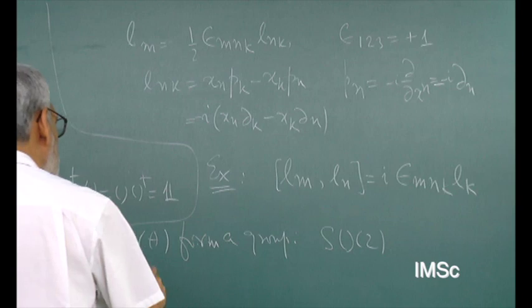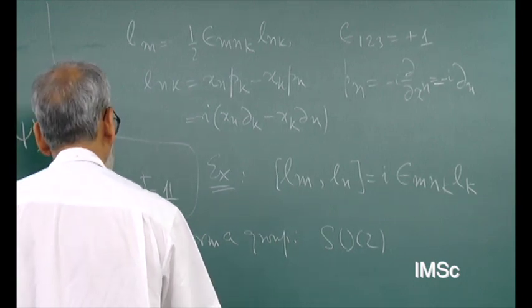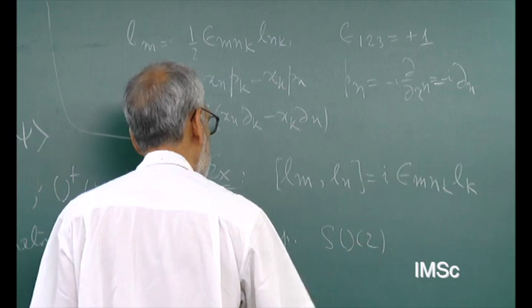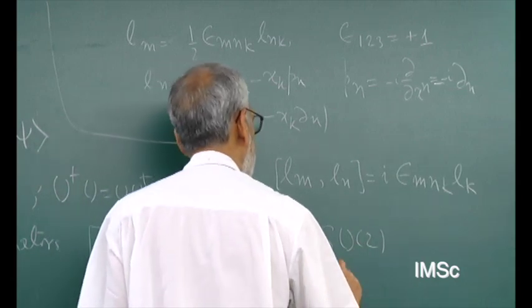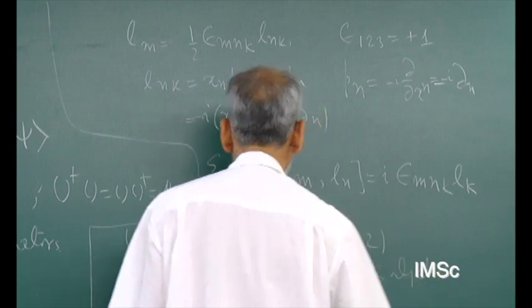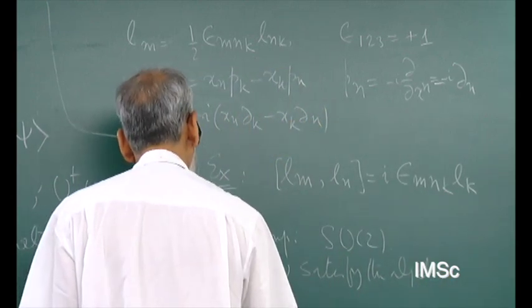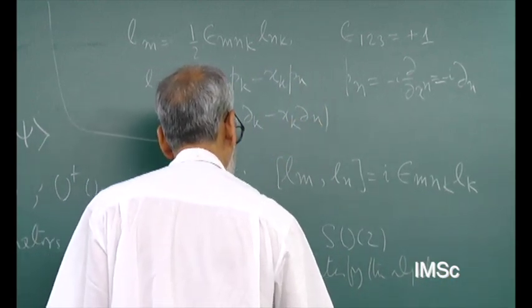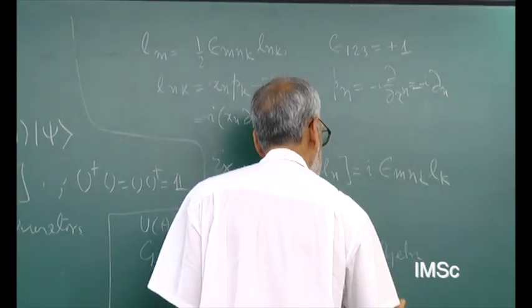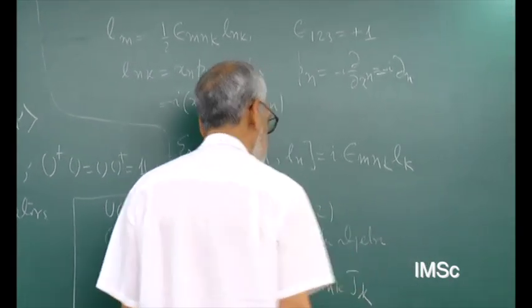And the general SU2 algebra generators of SU2 satisfy the algebra Jl, Jm is i epsilon m n k J k.